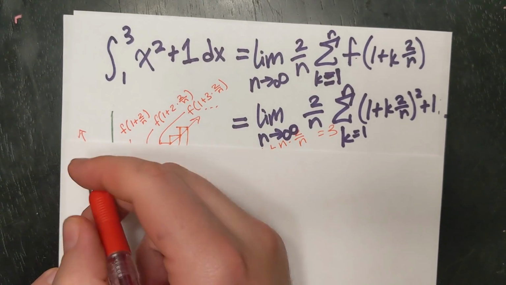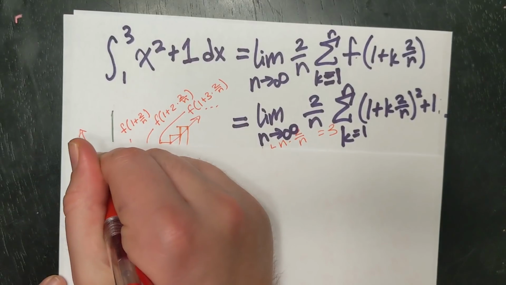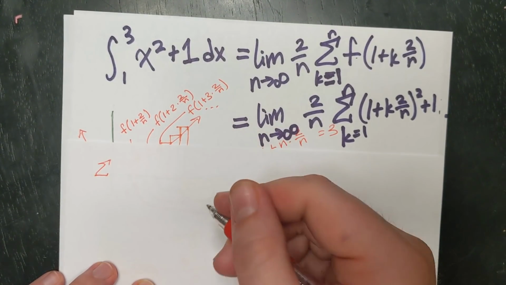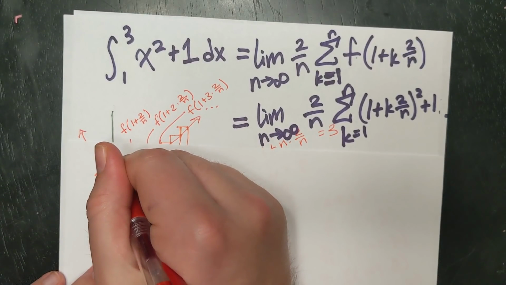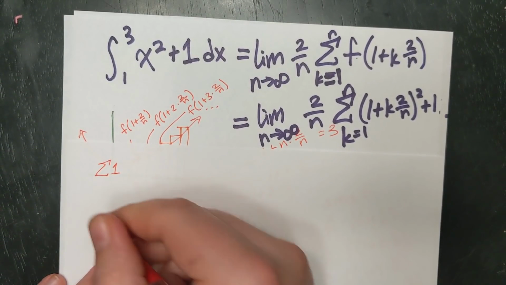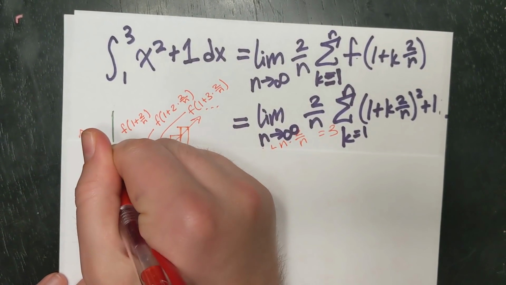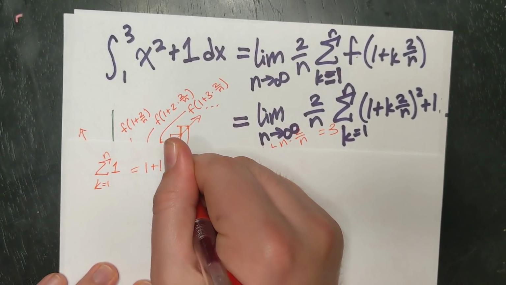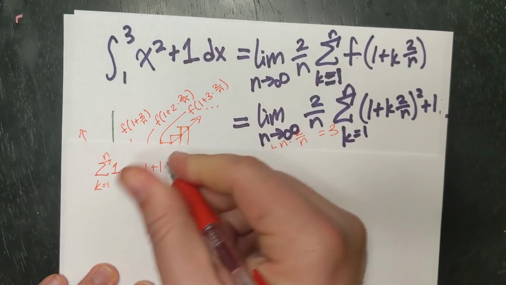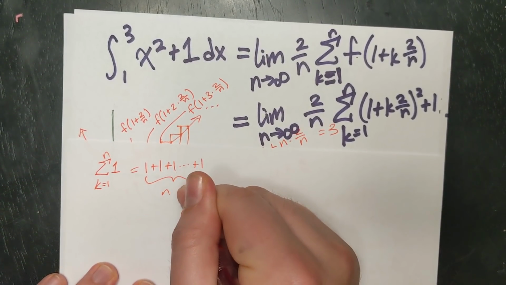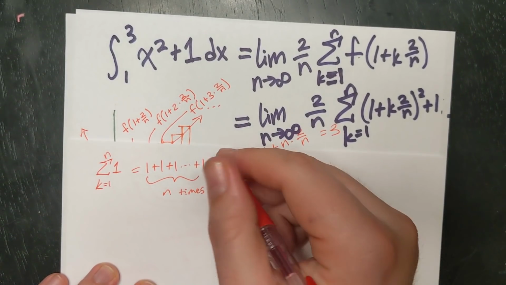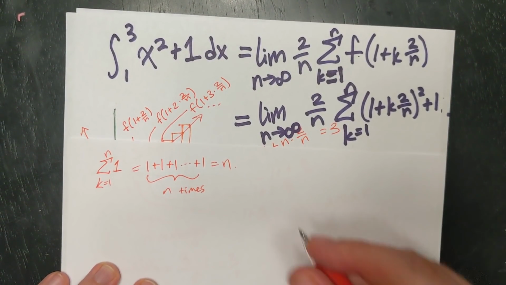So remember, let's do a couple. If it was just the number 1, the sum from k equals 1 to n, then what would it be? Well, you do 1 plus 1 plus 1 plus 1, n times, and that comes out to be n.